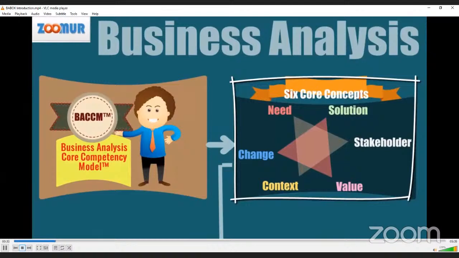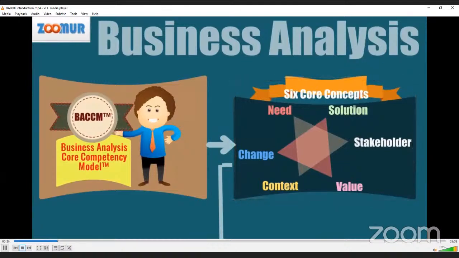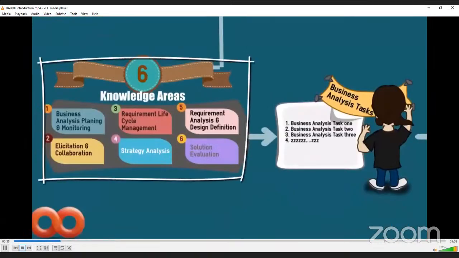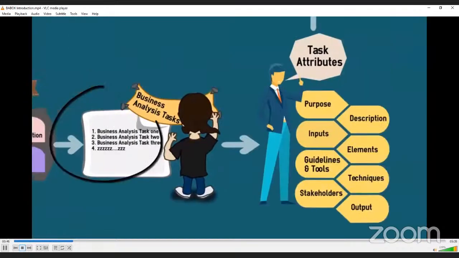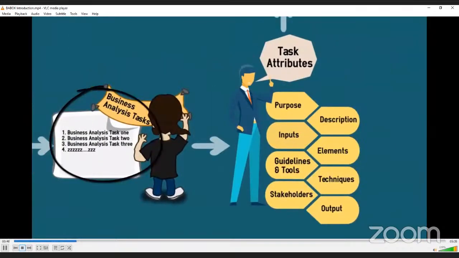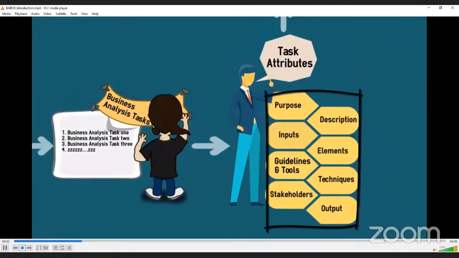These 6 core concepts are then applied to 6 business analysis knowledge areas. Each of these knowledge areas defines business analysis tasks, which must be carried out to perform business analysis. These tasks are performed by business analysis practitioners called business analysts. Each business analysis task is described by 8 unique attributes.